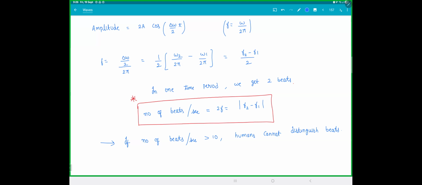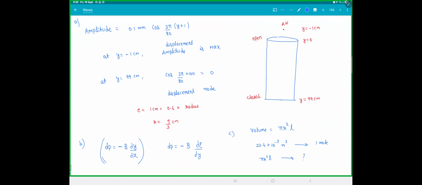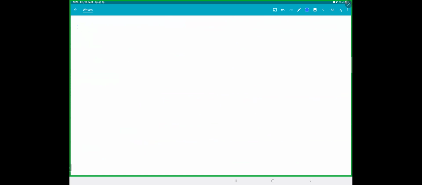Let's see a question. Any doubt so far? We have two tuning forks, FA, which is 500 hertz, and FB, whose frequency we don't know.